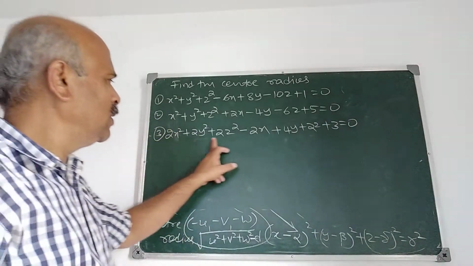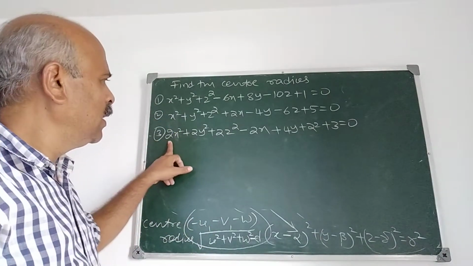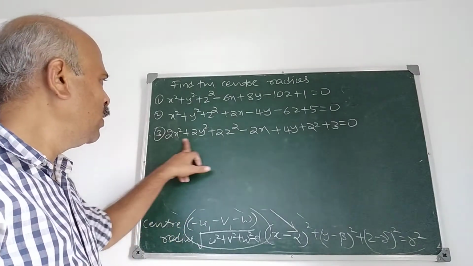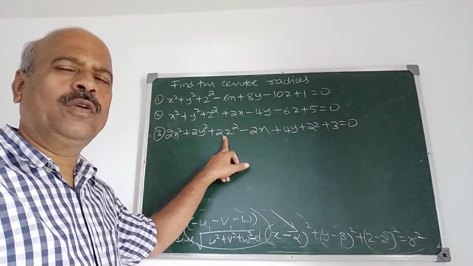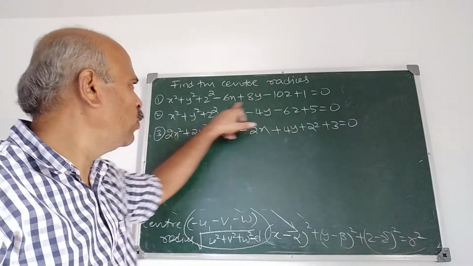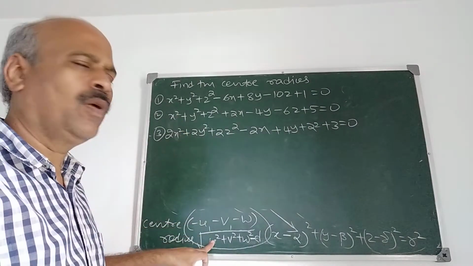And what you observe is, in 3, the equation is not in standard form. Standard form means you have to divide by 2 first. Therefore, to solve any problem on sphere, the equation of the sphere must be in this form only. Then only you can apply the formula.